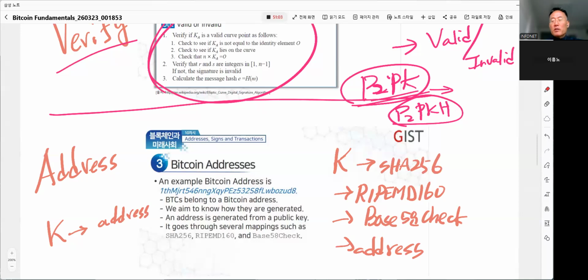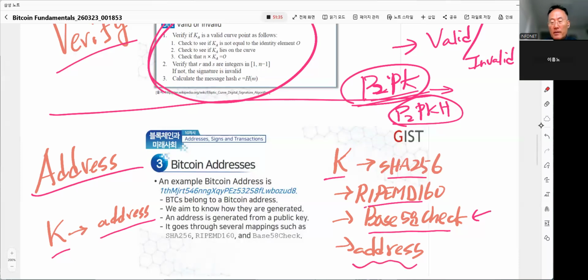It utilizes a hash function, and people use an address. From the public key, they now use a Bitcoin address. It goes from the public key through SHA-256, another hash function, and then Base58Check. This one is used to prevent human errors. And then that is what you have, the address.